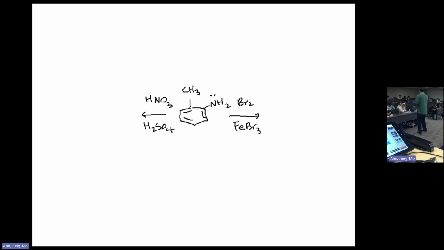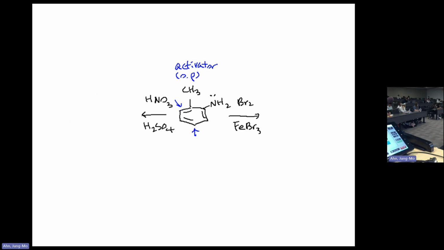If you look at the methyl group, it's an activator and an ortho/para director, so it wants to put the electrophile at the ortho position and para position. And that is blocked because we already have the amino group in that position, so we should consider that.